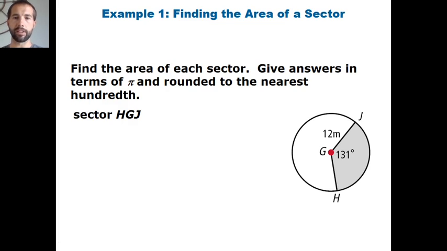Find the area of this sector, give the answer in terms of pi, and round it to the nearest hundredth. So in terms of pi means that we're not going to multiply by pi in the calculator. We're just going to multiply all the other numbers and leave pi as the pi symbol. So to find the area of the sector, we find the area of the circle. The circle has a radius of 12, so we do pi times 12 squared.